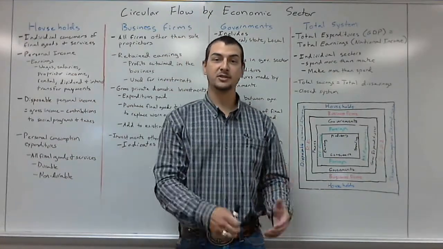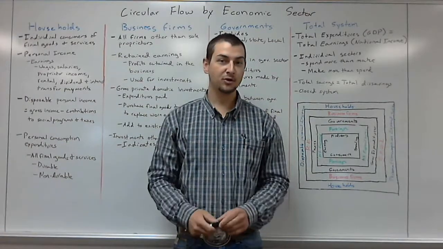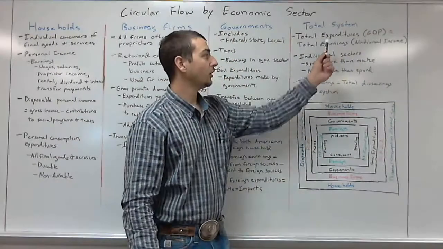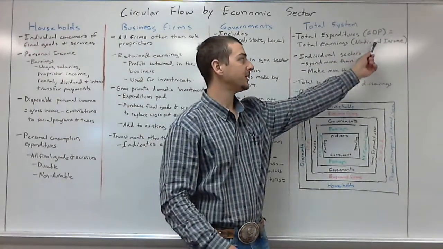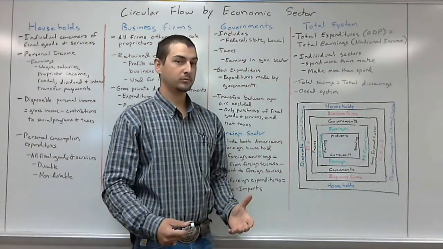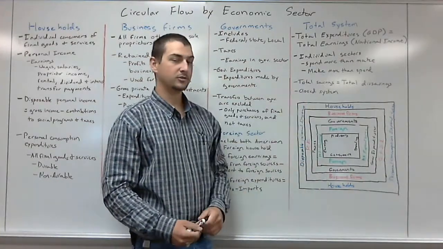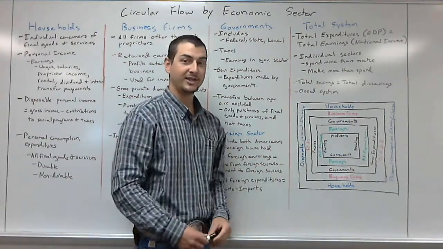We've already discussed in one of the last videos that GDP and national income, in theory, should equal each other. So in the total system, total expenditures need to equal total earnings, or your GDP needs to equal your national income. Here's the deal though. Individual sectors often spend more than they make, or save more than they spend.